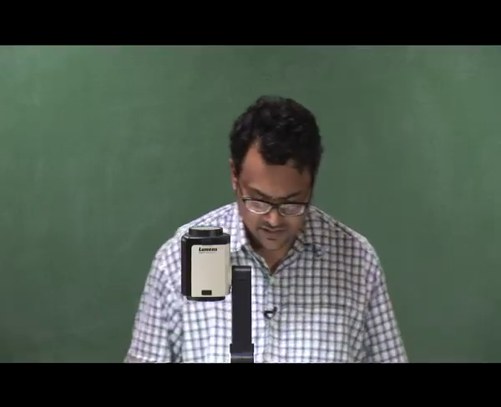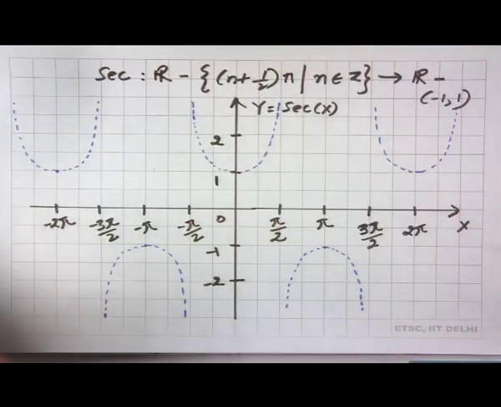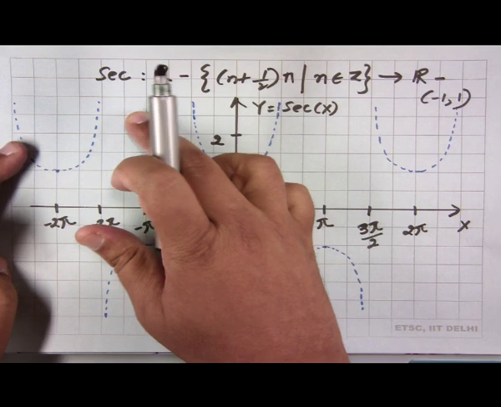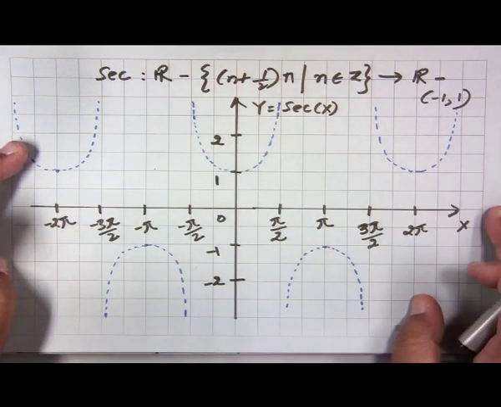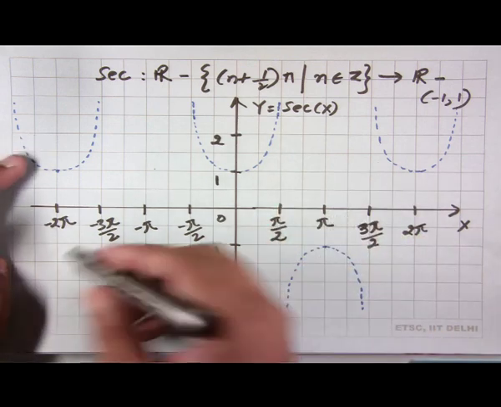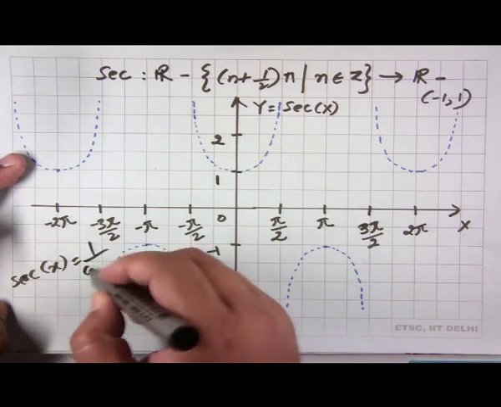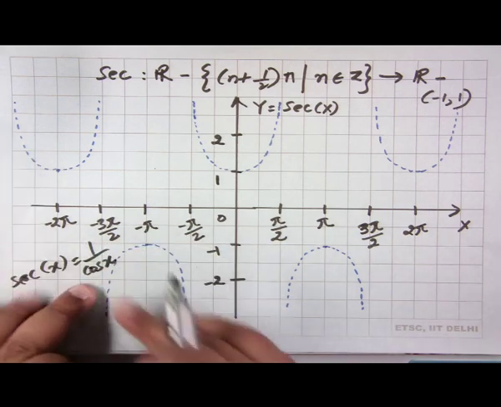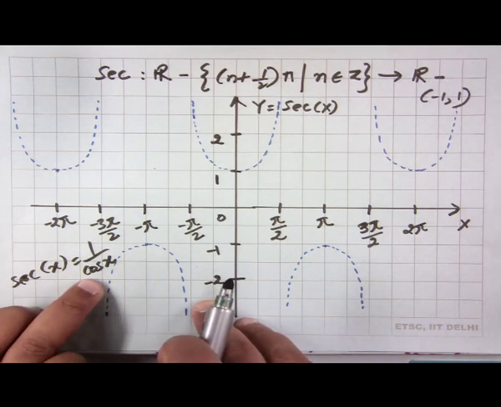And similarly, the secant function will have a similar problem, and for the secant function also we need to define the inverse of the secant function meaningfully. Just like the other trigonometric functions, we also have to restrict its domain, because secant of x is equal to 1 over cos of x, and we know that cos of x is 0 whenever x is an odd multiple of π/2.